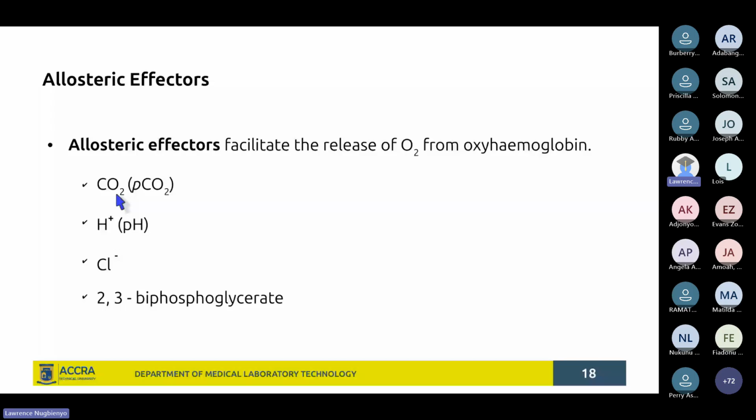Similar thing is happening over here. You have carbon dioxide, which is higher in concentration than oxygen. It displaces that oxygen. Oxygen is released to the tissues, and carbon dioxide binds to the hemoglobin molecule to be taken back to the lungs to be exhaled.